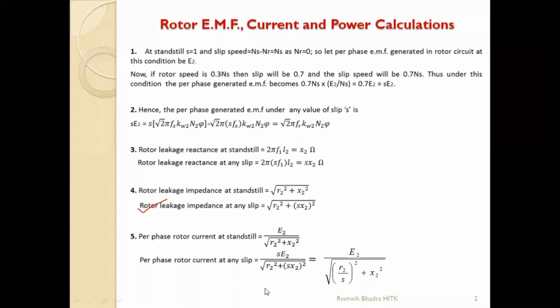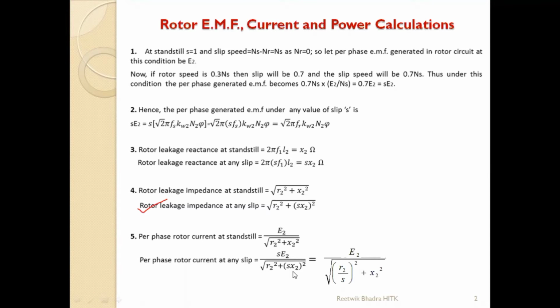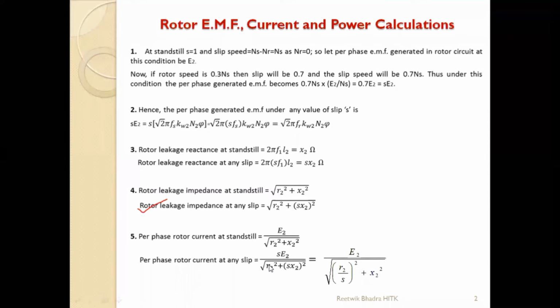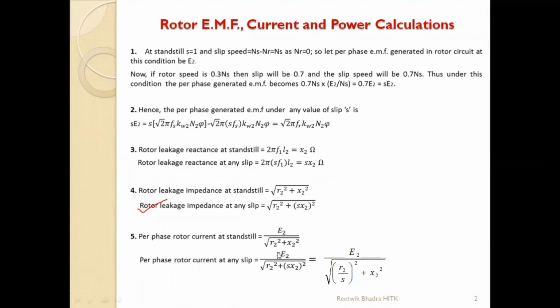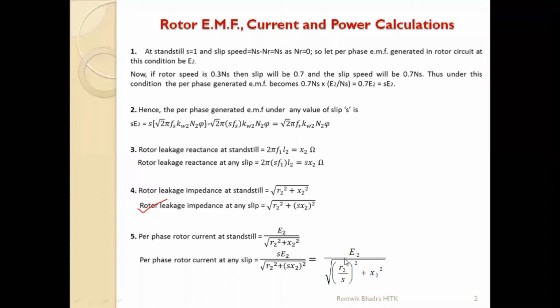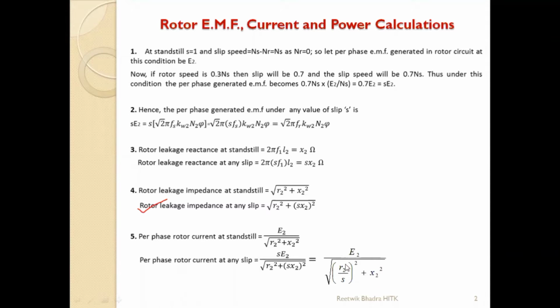So what we'll do is change this format into something that will keep X2 constant and change my R. So what I will take? S square common. Take your S square common. If it comes outside the square root, there will be an S. This S and the numerator S cancel out. So there is only E2 and this becomes R2 by S whole square. So now this R becomes variable, R2 by S.